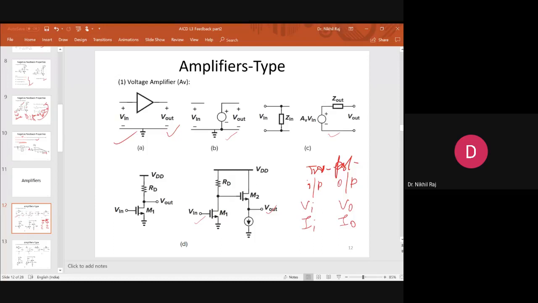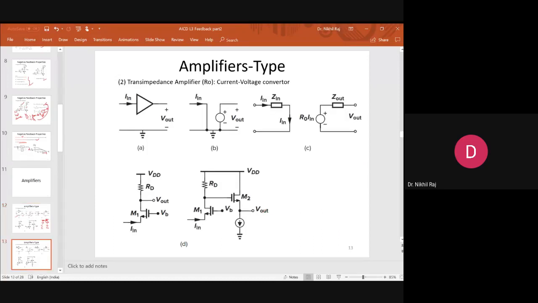In the first case this is V out and V in, so the ratio is unitless, and that is your voltage amplifier. The second amplifier is the ratio of V out by I in. V by I is nothing but impedance.